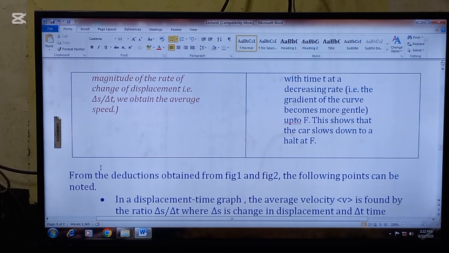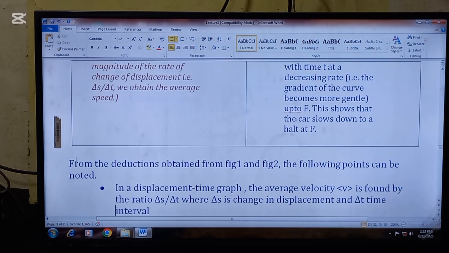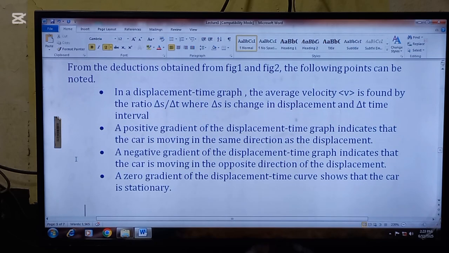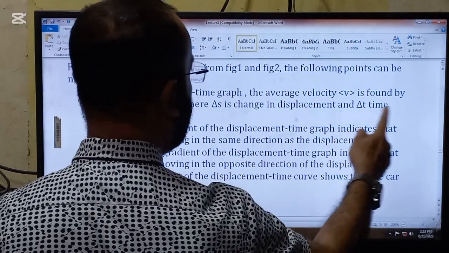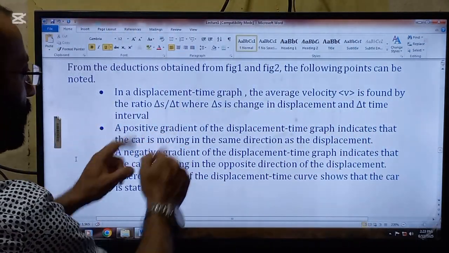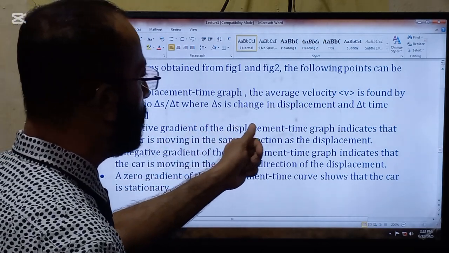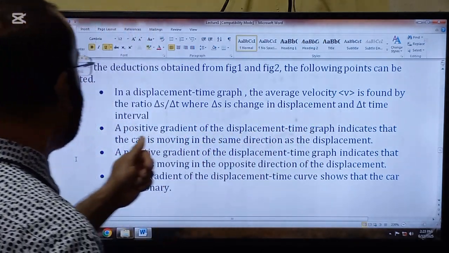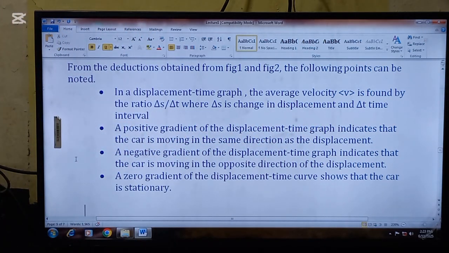Okay, from the deductions from figures 1 and 2, the following points can be noted. In a displacement time graph, the average velocity is found by the ratio delta S over delta T, where delta S is the change in the displacement and delta T is the time interval.